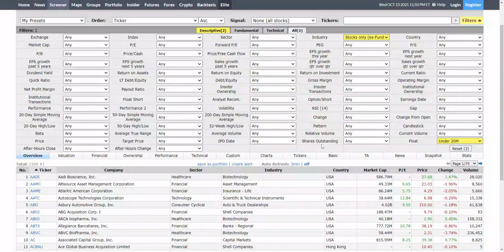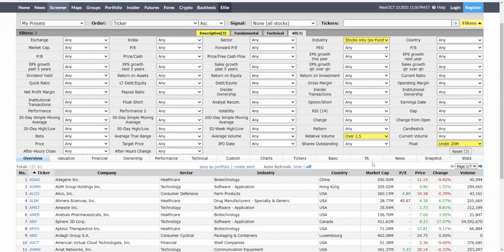In this case, I want to click on over 1.5. You can go with over 1 or so, but it will show me that the volume is over 1.5 times more than the volume in the past. So the volume is great, and the stock is quite volatile at the moment.